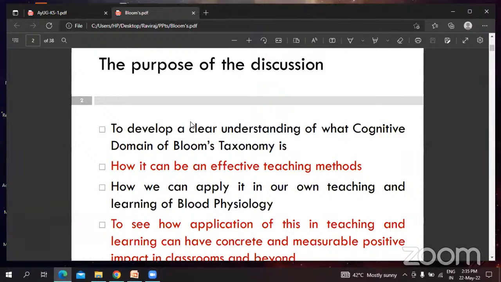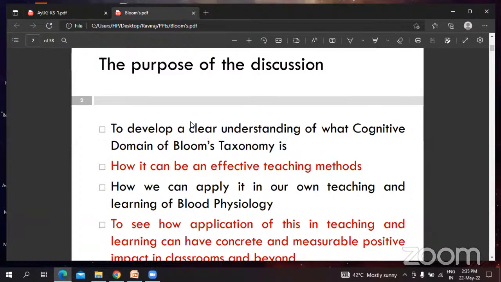You must be aware that up to the last batch, the first year was only 1 year. Now it is 1.5 years. Do you know this? Has anybody told you this? Yes, sir.